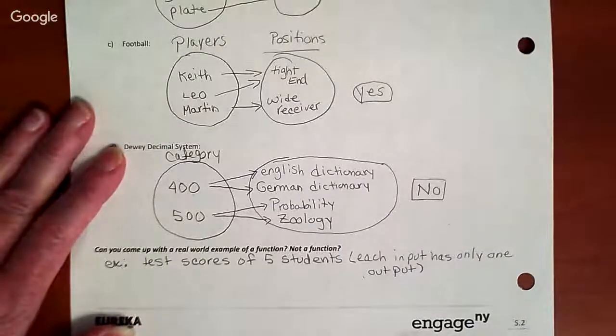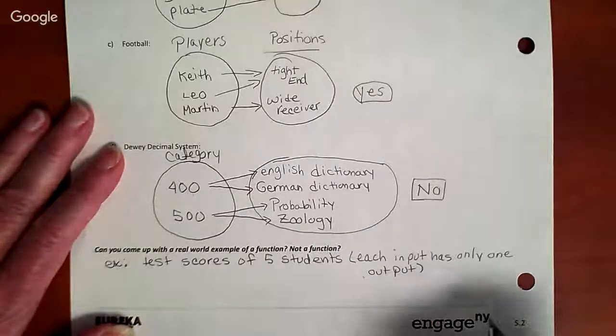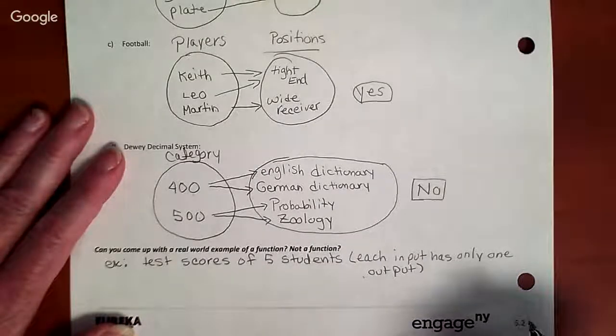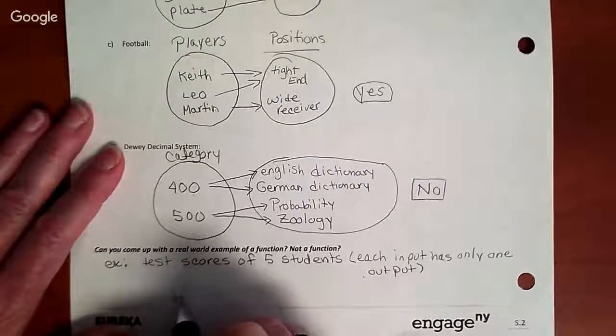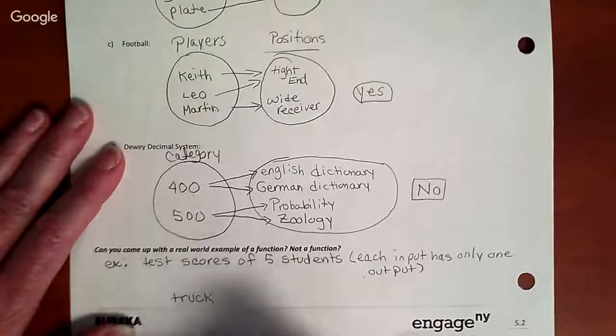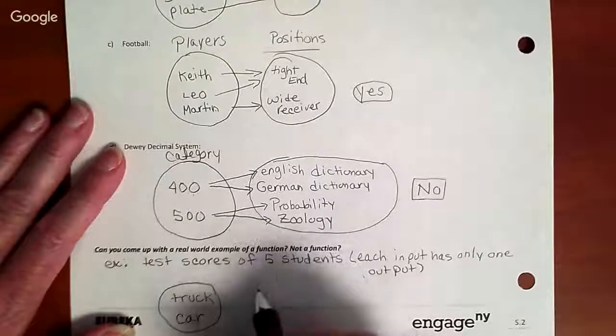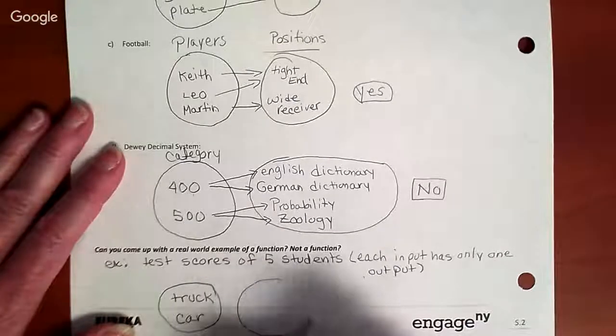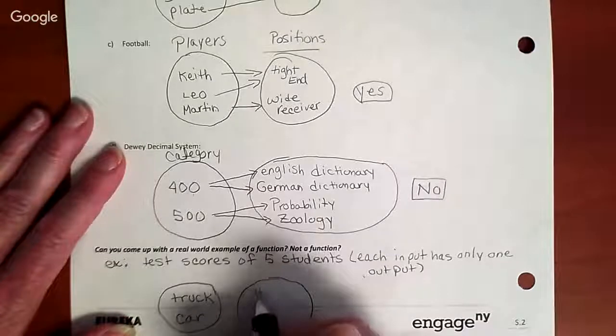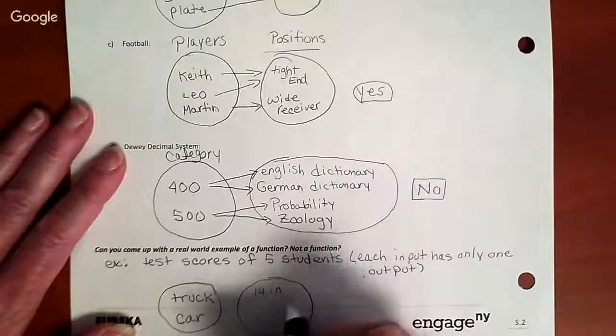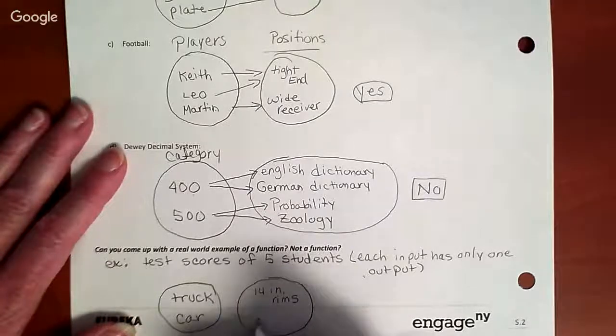For not a function, you could have a truck and a car, and you can have 14-inch rims and 16-inch rims.